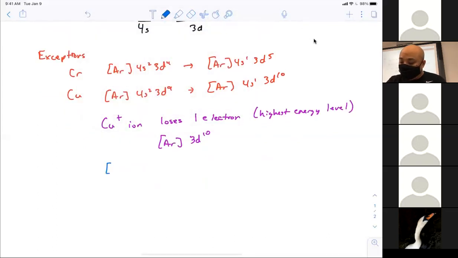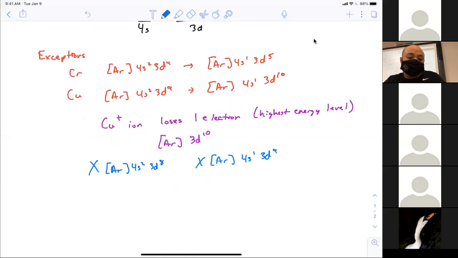So some students might write Ar 4s2 3d8 because they don't know the exception rule for copper, and then they just remove from the last sublevel that fills. Or other students will say, oh, I know that it takes out from the first one, the highest energy level, but I don't know the exception, so I write 4s1 3d9.